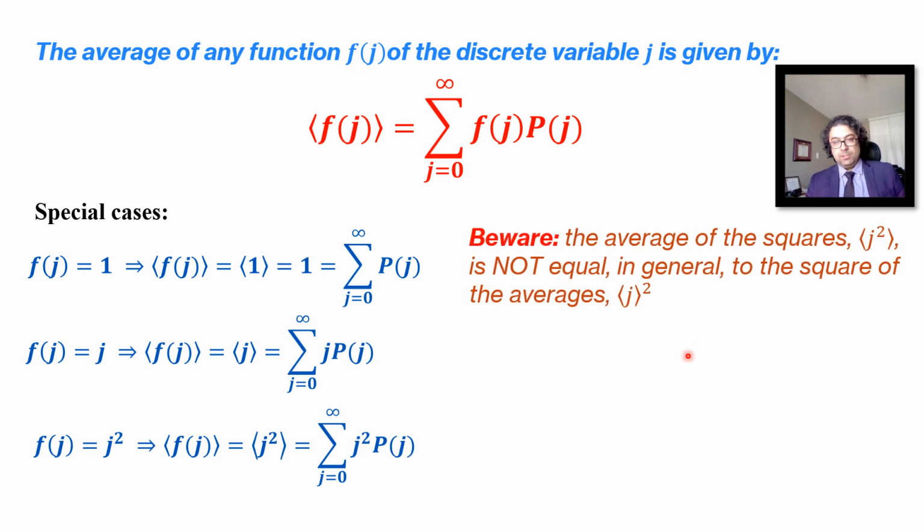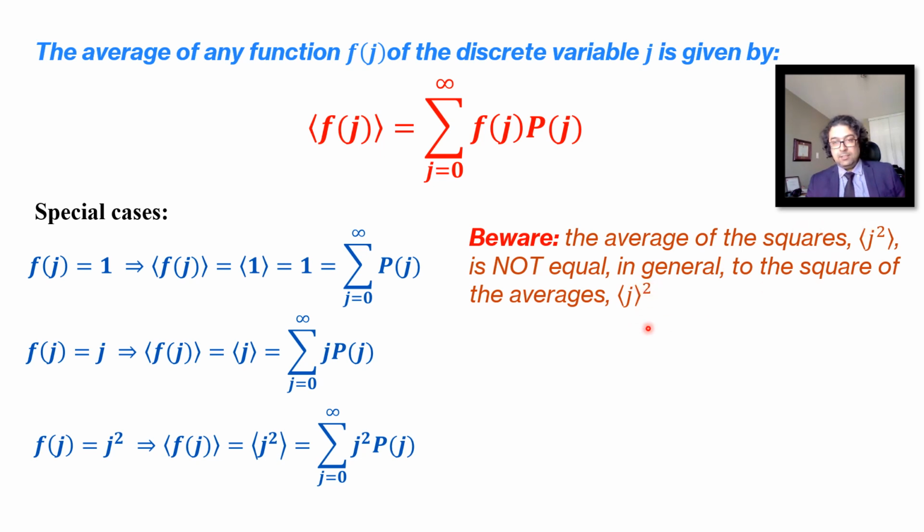There's one important point to mention, and that is that the average of the squares is not necessarily equal to the square of the averages. This is also something that students sometimes get confused with. So in this first quantity, we are taking the squares of the ages of the individuals and then taking the average, whereas in this case, I'm just taking the average of the individuals and then squaring the result.